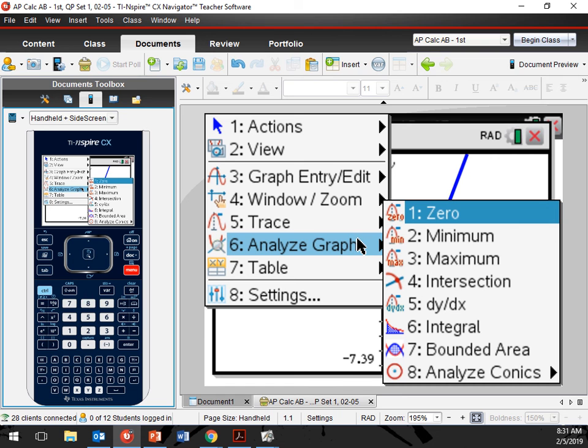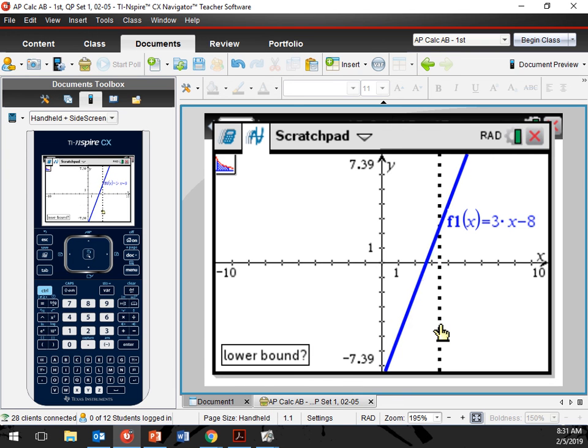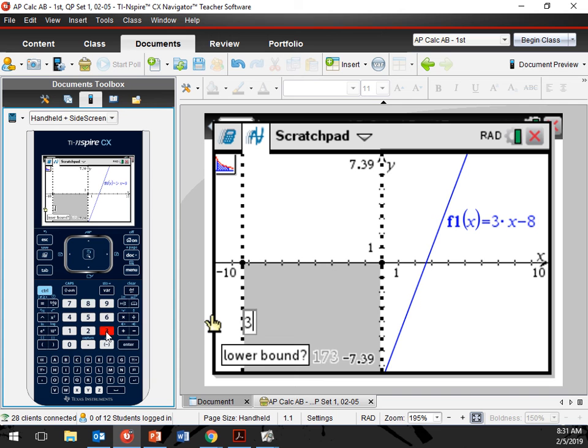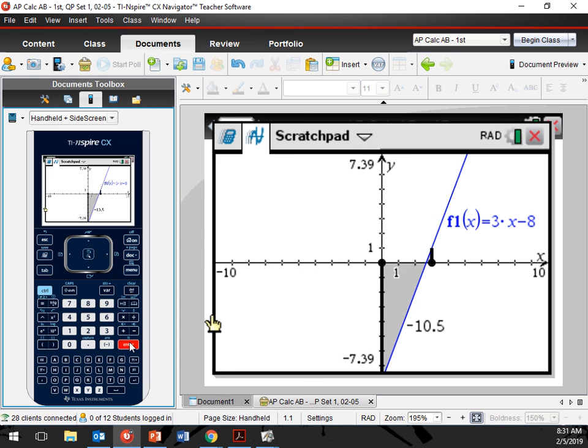What do I want? Integral. And lower bound. You could either move this or just type in the number. 0. Enter. And then what's my upper bound? 3. Enter. There it is. So it's a lot below and a little bit above.